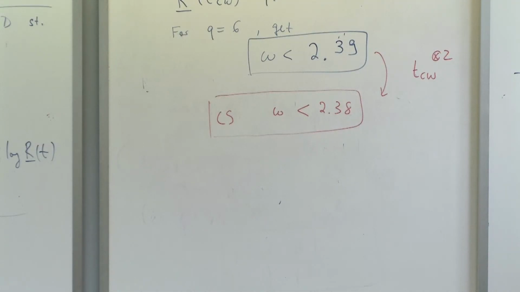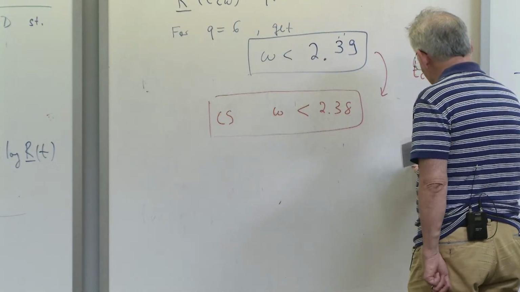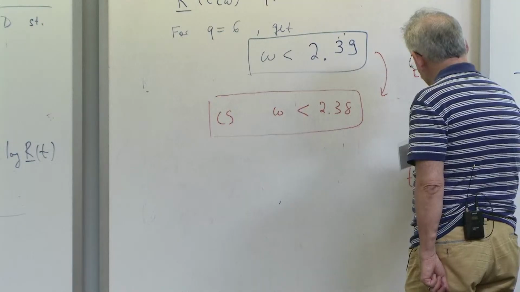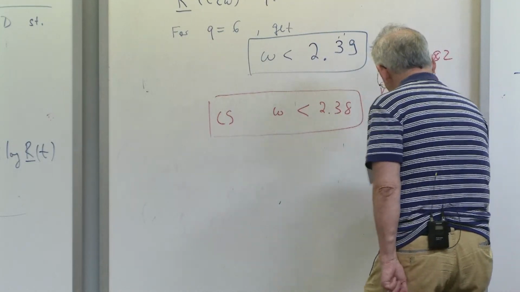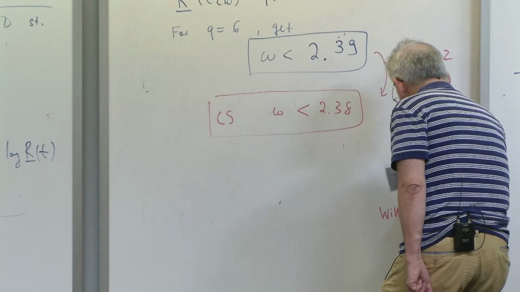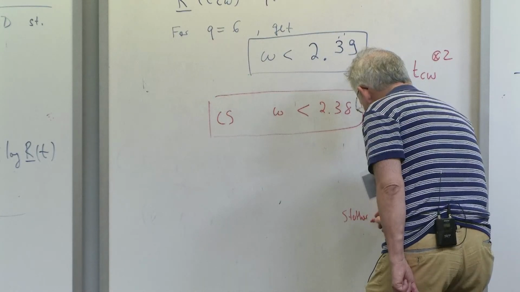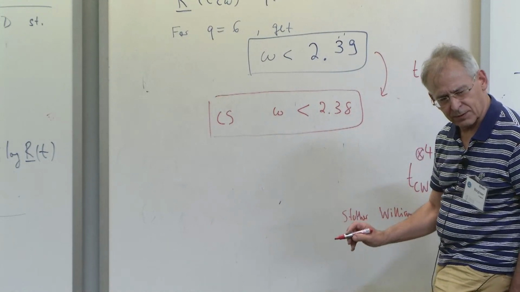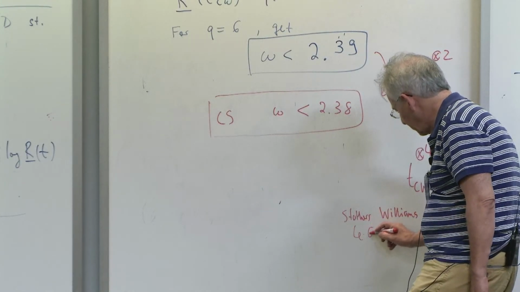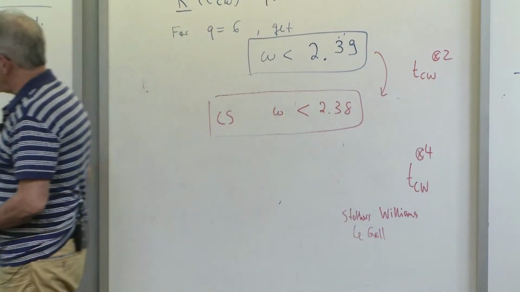But basically what they did: how about going to higher powers? They realized when we go here, this is Williams, Virginia, and Stothers, but also Le Gall, François.